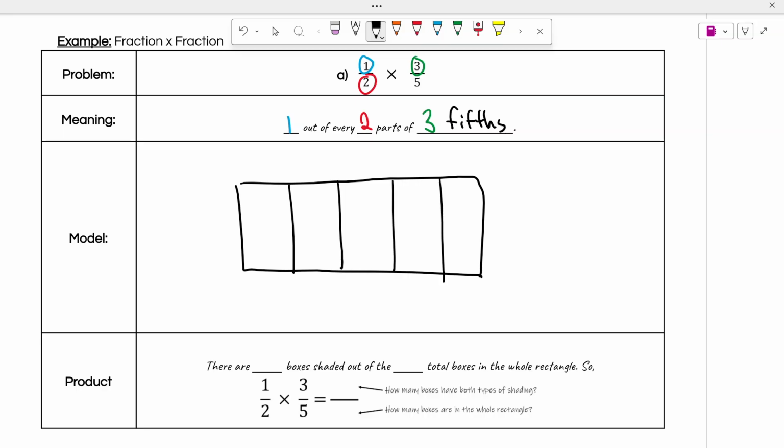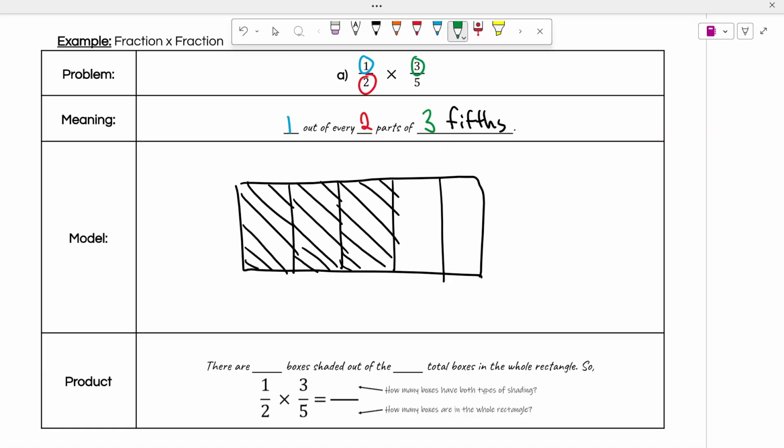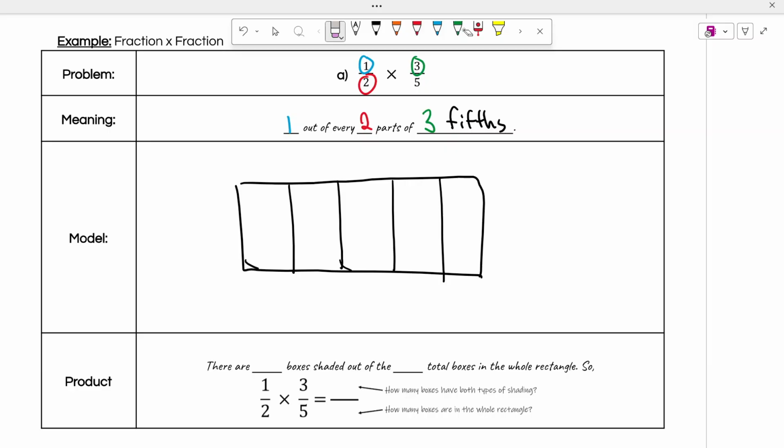And of those, I only have 3 of them. 3/5 are shaded in at the start. I guess I could use green for that to match my coloring. Three-fifths.